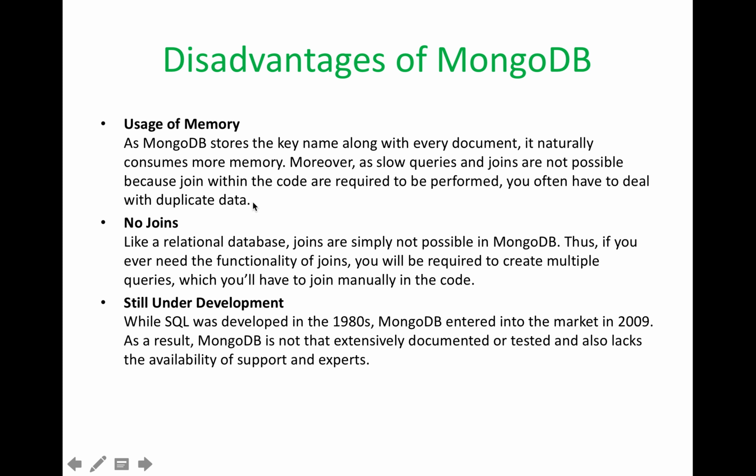You often have to deal with duplicate data as there is no join. Like a relational database, joins are simply not possible in MongoDB. Thus, if you ever need the functionality of a join, you will need to create multiple queries and join them manually in the code.